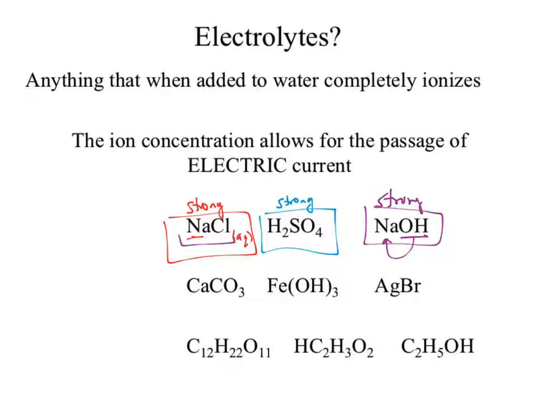I would need to look at the solubility rules. When I look them up, it says carbonates are typically soluble. So we'd say, well, yes, it is. But we have to remember the typical. What's the exception to our carbonates being soluble?